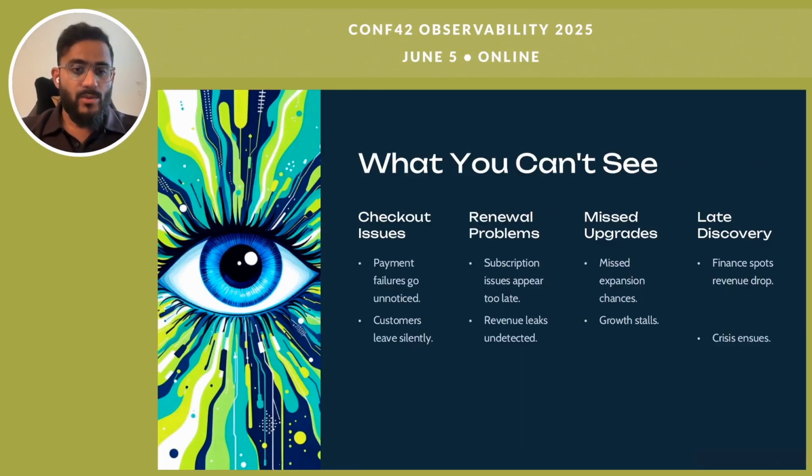And this is the core issue. We have visibility into delivery, but not into results. Product teams today are flying blind at key moments, checkout, renewal, upgrade, because they don't have observability into what happened after launch. In most cases, that's not even our priority, and that needs to change.